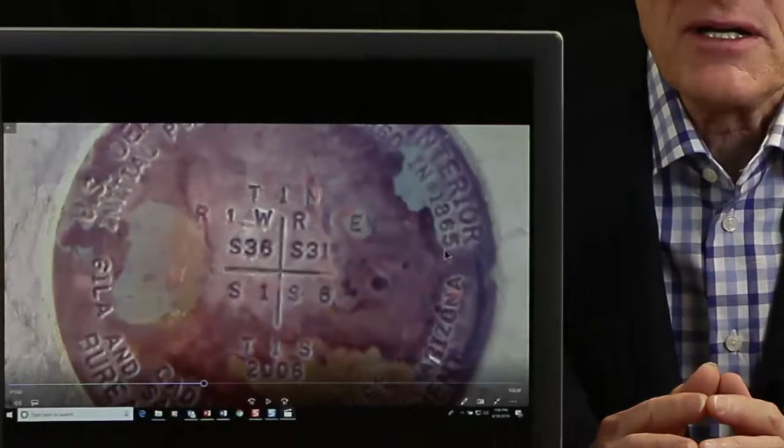Here's that brass head at the intersection of the baseline and meridian. We talked earlier about the townships, but now let's take a look at what this S36 and S31 means. Well, these are the sections at the intersection of the baseline and meridian. For example, S36 would be section 36 in Township 1 North, Range 1 West.